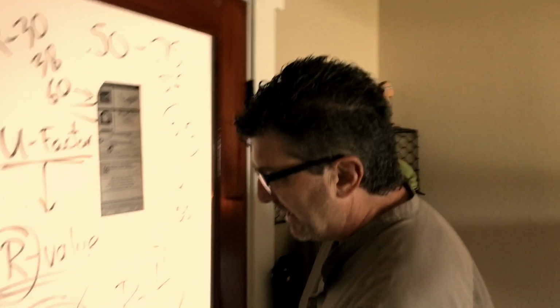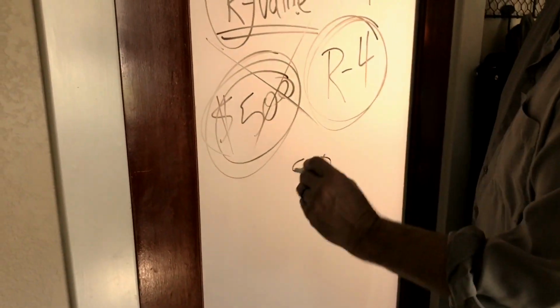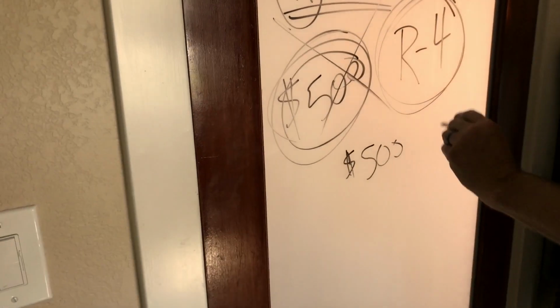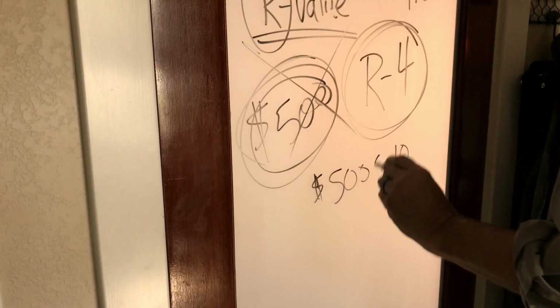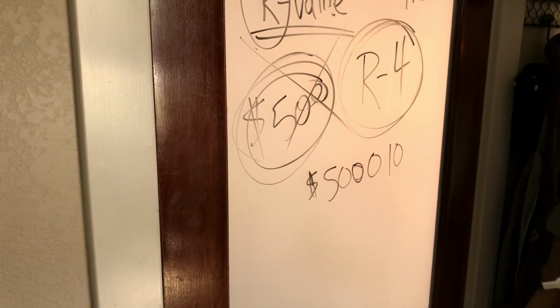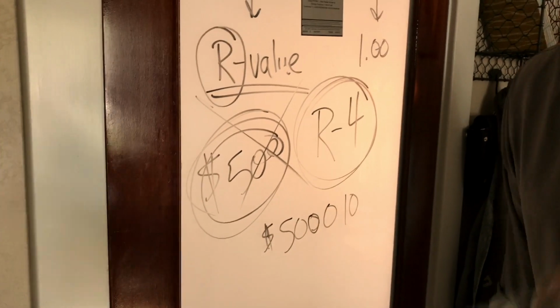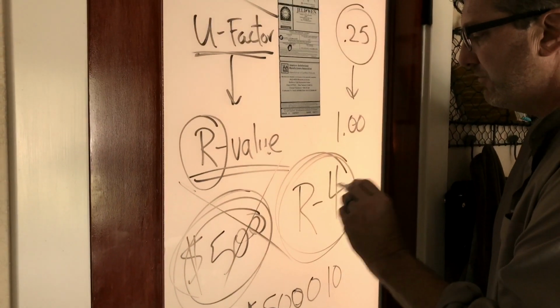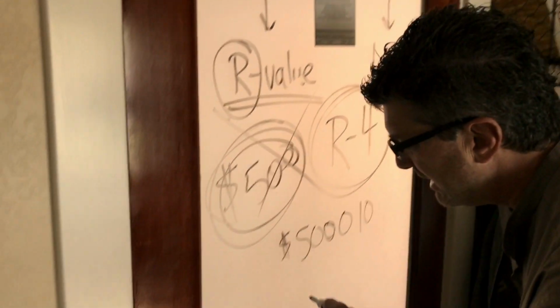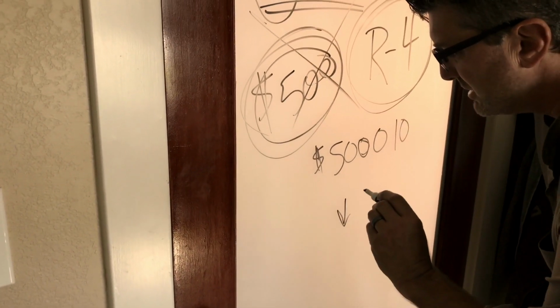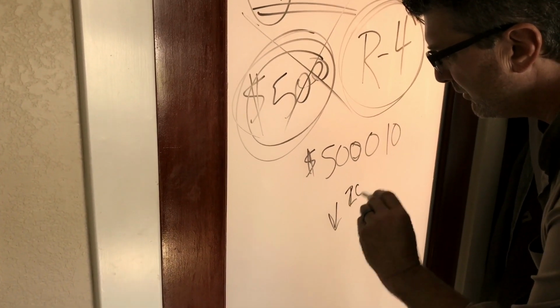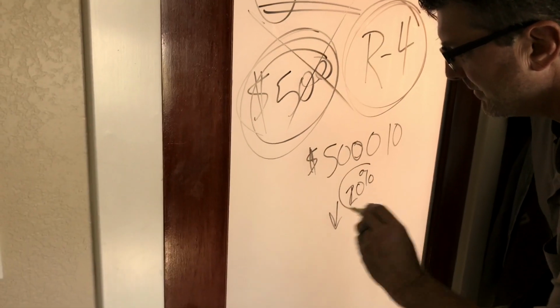Let's think about it. If the average price of a replacement window is $500 and you've got 10 of those windows in your house, then you're going to spend $5,000. Now, a really, really good window gets R4 or R5. It may reduce your air conditioning bill by 20% if you're lucky, okay?